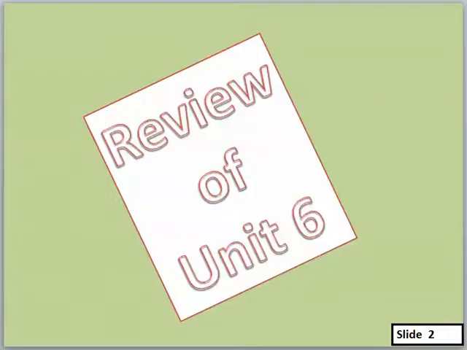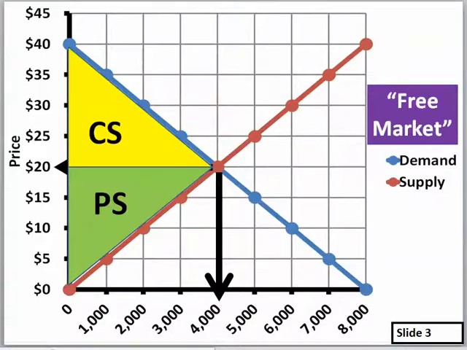We'll begin by reviewing Unit 6. Some key things we talked about in Unit 6 were consumer surplus and producer surplus. You might recall that consumer surplus is the extra savings that some people get because they would have been willing to pay more than what the equilibrium price was in the free market or perfectly competitive market that we were studying.